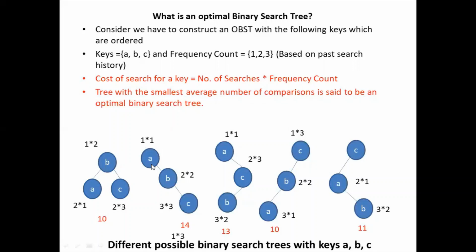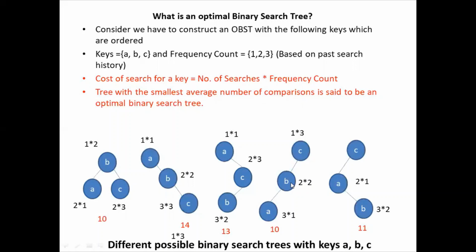If A is at the root, then B and C would obviously fall as its right subtree. The third case is a minor variation of the second case in which there is a small change in the subtree pattern. Since A is at the root, B and C would fall as a right subtree here, and in this case, C is at the root level of the subtree, and B has to appear as its left.